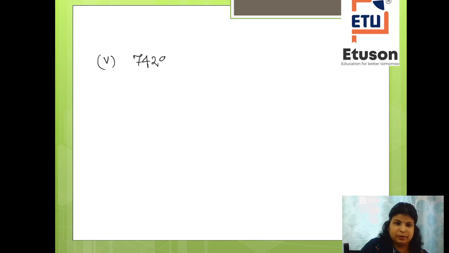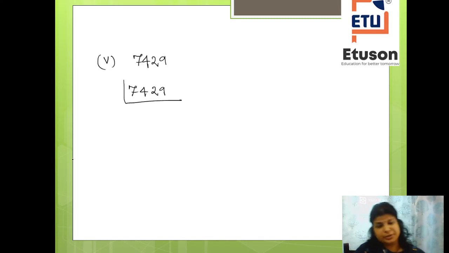We have to find out the factors of 7429. So for 7429, you check with 2, you check with 3, you check with 5. In ascending order you keep on checking which prime number divides 7429 by trial and error method, and you will obtain that finally it is divisible by 17. You divide by 17 and you will get 437.